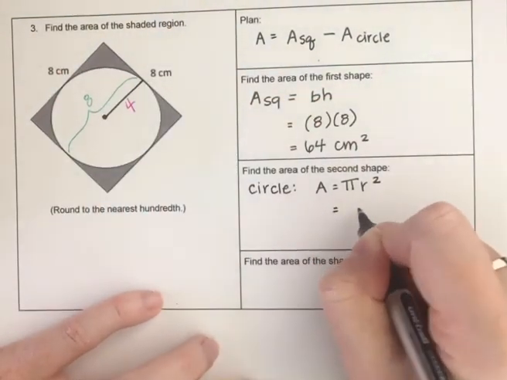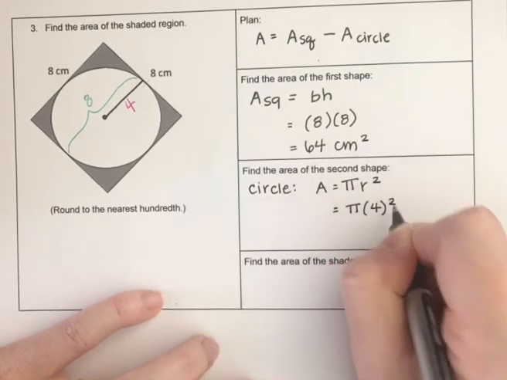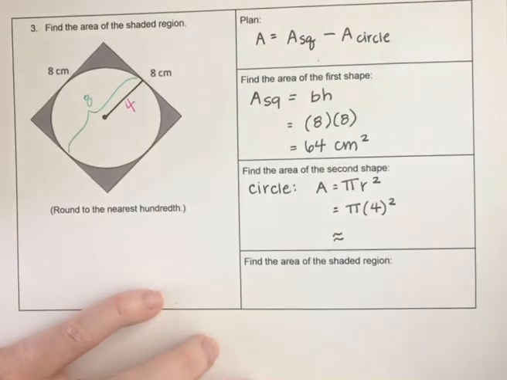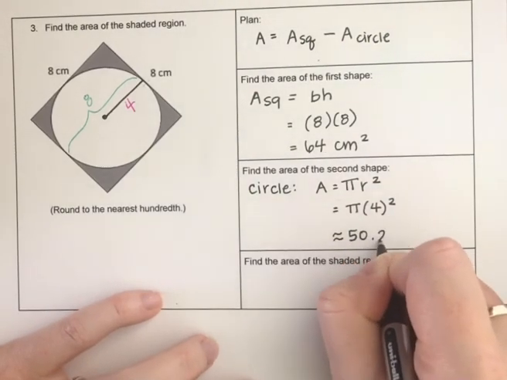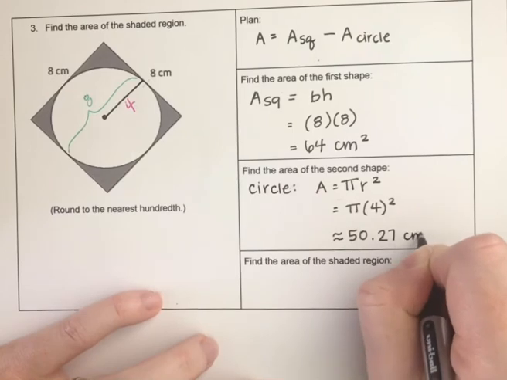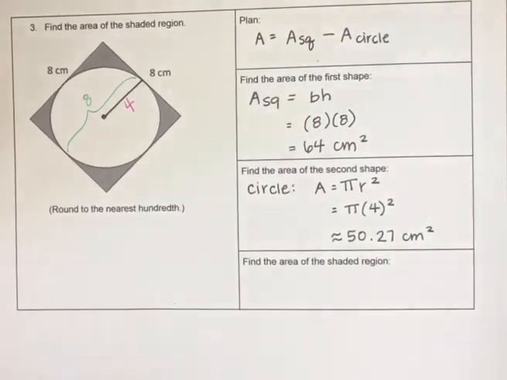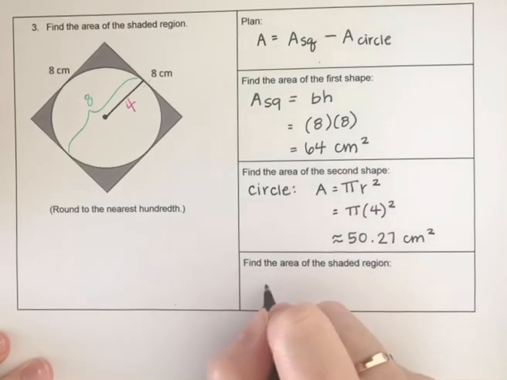Okay, so let's plug into that pi times 4 squared. And again, we're going to round to the nearest hundredth. So pi times 4 squared gives me about 50.27 centimeters squared. Okay, all right, and then finally, for the area of the shaded region, we will do what we set out to do in our plan.